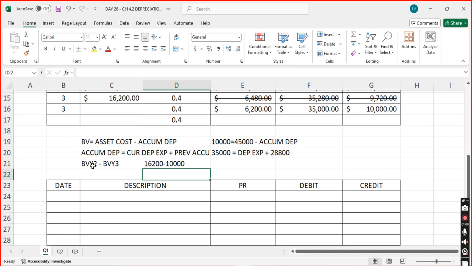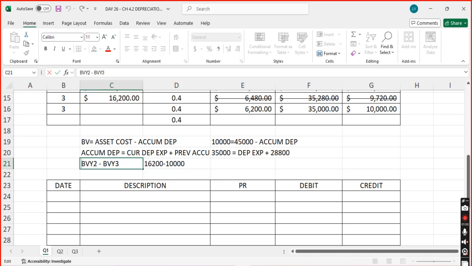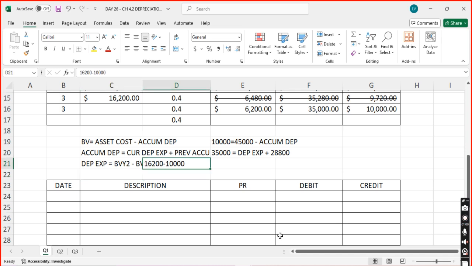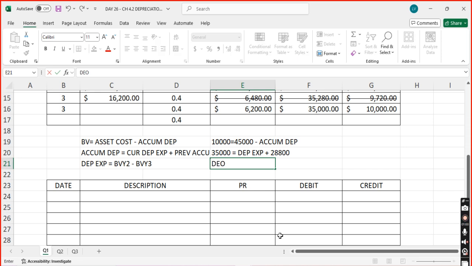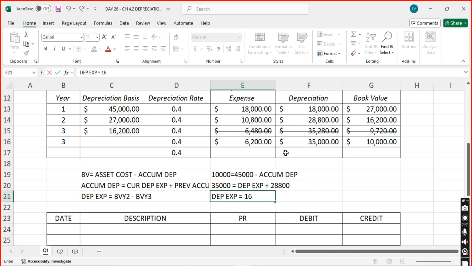So let me go ahead and include: depreciation expense is equal to book value of year 2 minus book value of year 3, and that will result in depreciation expense equal to 16,200 minus 10,000.